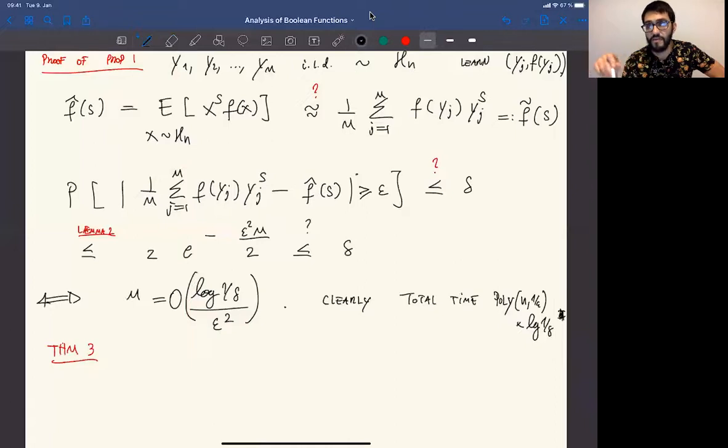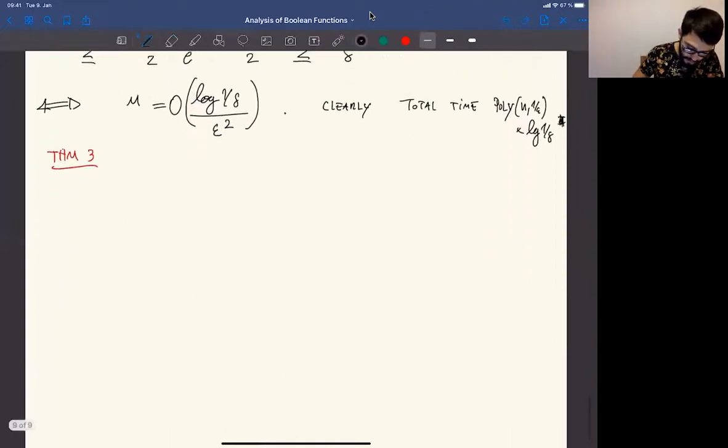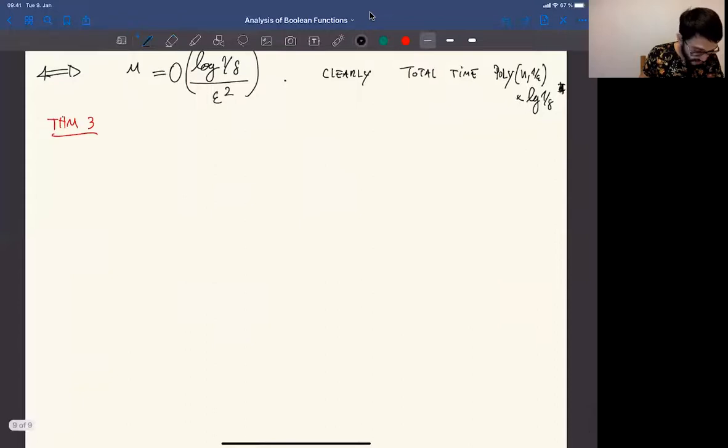But if I have a class of functions and I can learn the Fourier coefficients of any function in this class in polynomial time, then just by spending some more time, which is also polynomial, I can actually construct a good approximation for f. And the good approximation will come just from these coefficients f tilde. Okay. And this is the extent of this theorem.